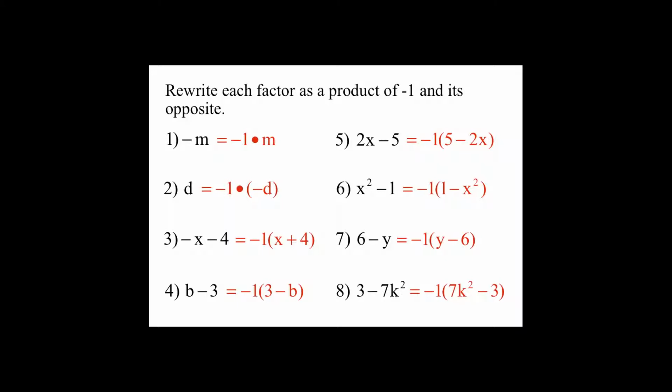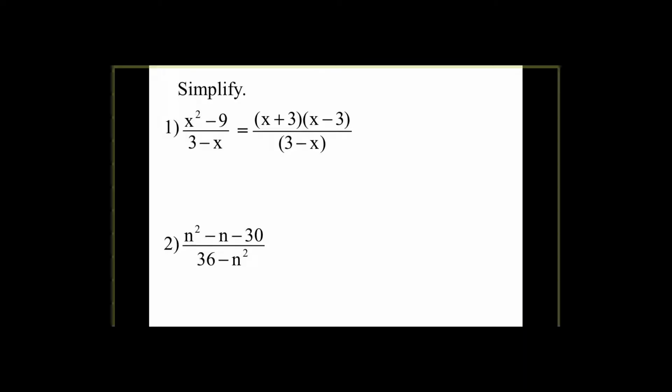Now we're going to need this, because look what happens when I go to factor number 1 out. I get x plus 3 times the quantity of x minus 3. Now notice, this binomial factor is exactly opposite of this binomial factor.